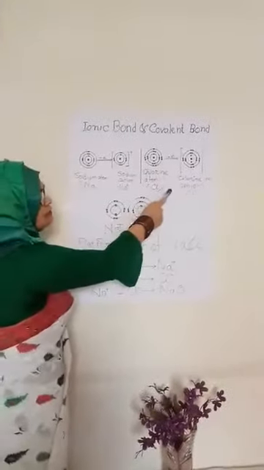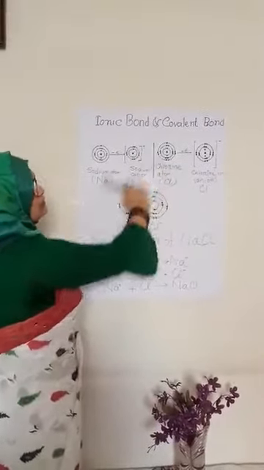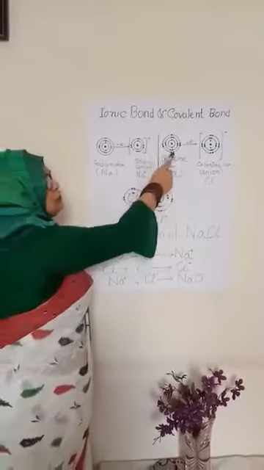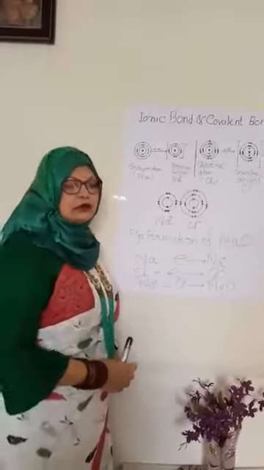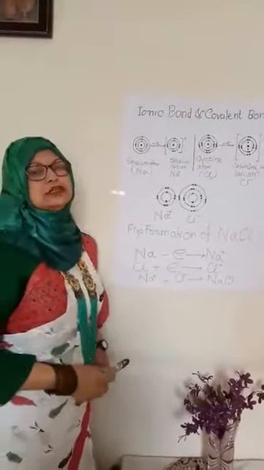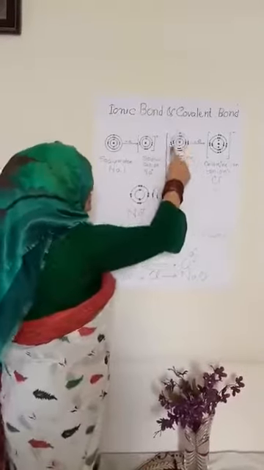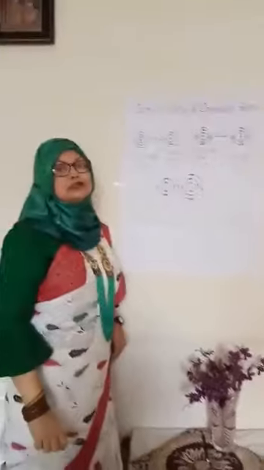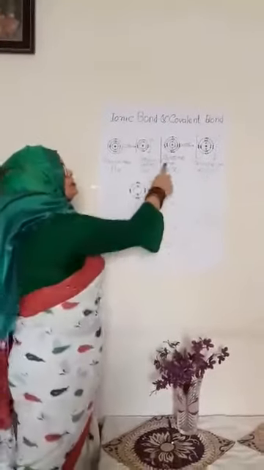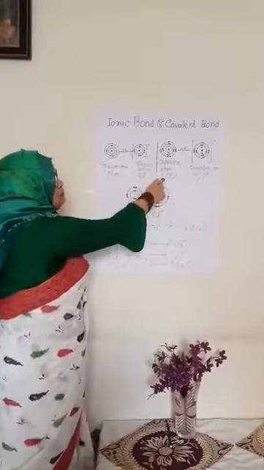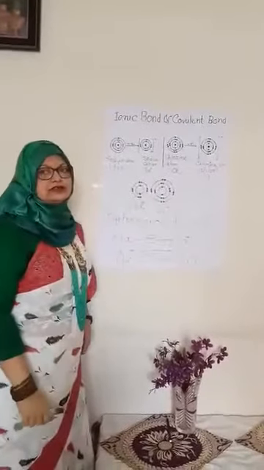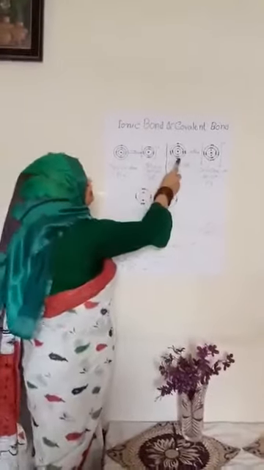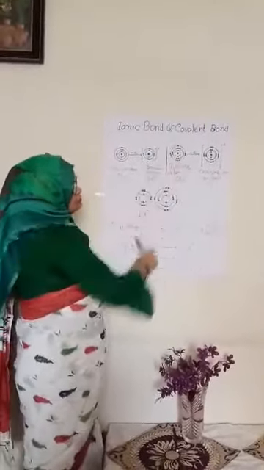On the other hand, take chlorine atom. Chlorine atom has total 17 electrons and the outermost shell, that is third shell, contains only 7 electrons. If the chlorine atom is to gain the structure of inert gas, then it needs 1 more electron.